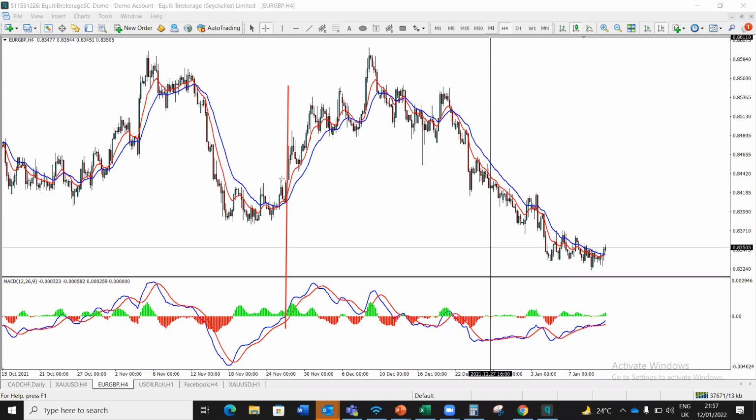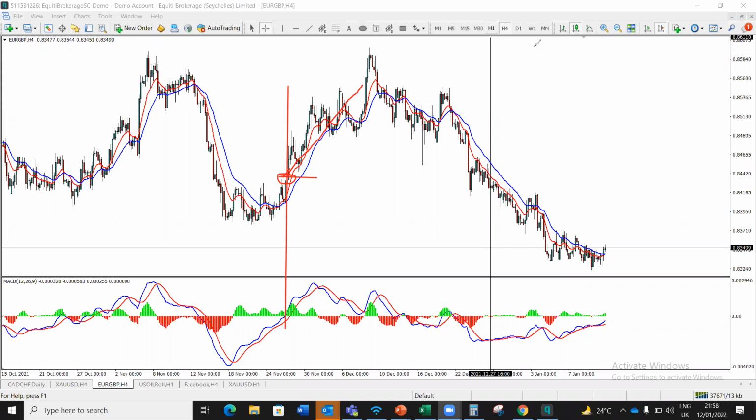And so we would have looked out for a bullish dominance from around here, from around this candle. We would be looking out for a bullish sentiment in the market, all right?